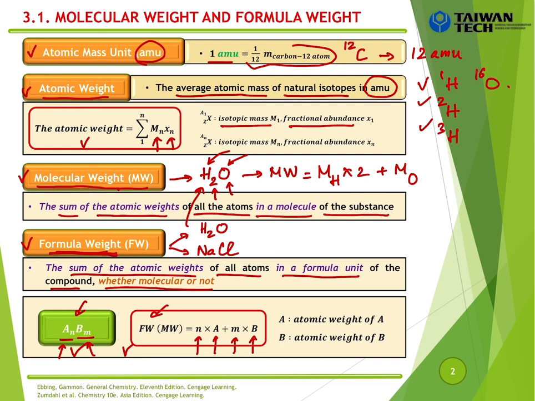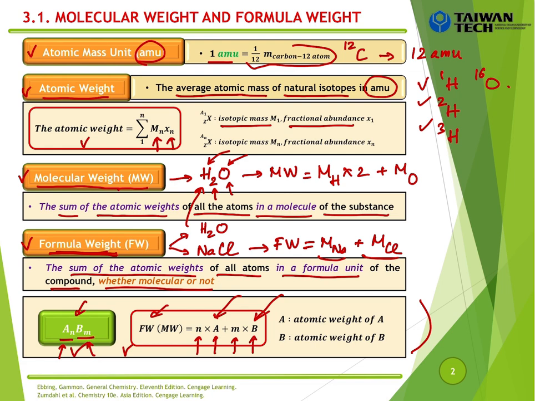So from here, if we have NaCl, we can calculate the formula weight as the mass of Na plus the mass of Cl, because we have only one Na and one Cl. So for any substance, we can calculate the formula weight by using this equation, because you already know the mass of our atoms.